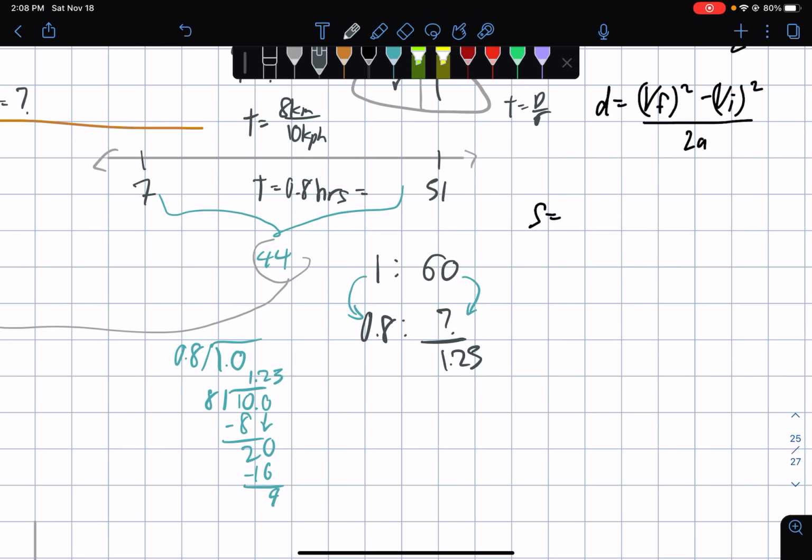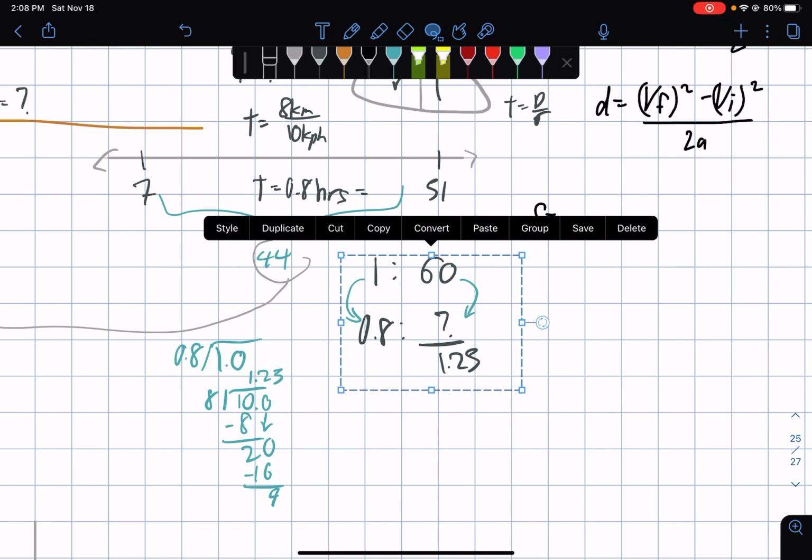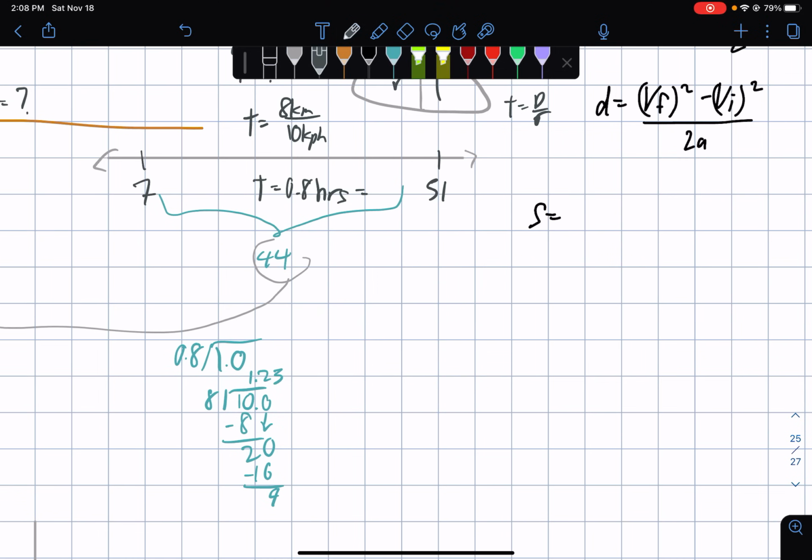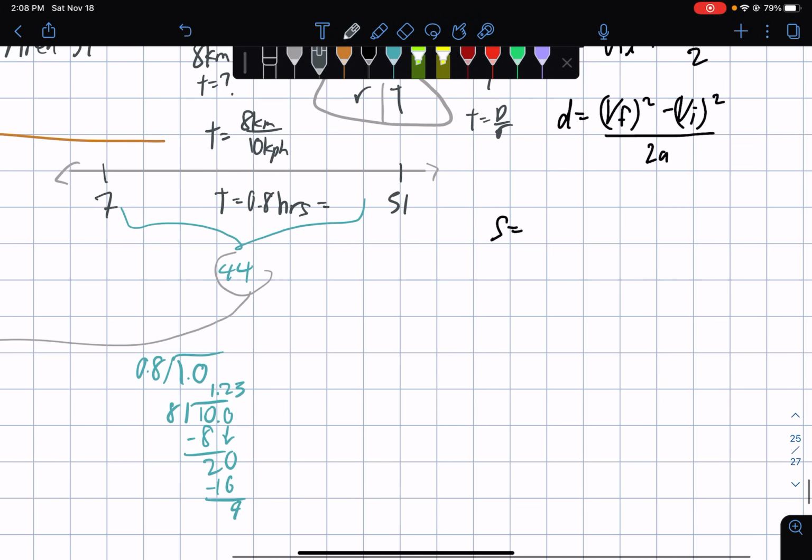Wait, I don't think ratio and proportion is relevant for what we're doing right now. 0.8 is 8 over 10. 1 hour is just 10 over 10, which is 60.